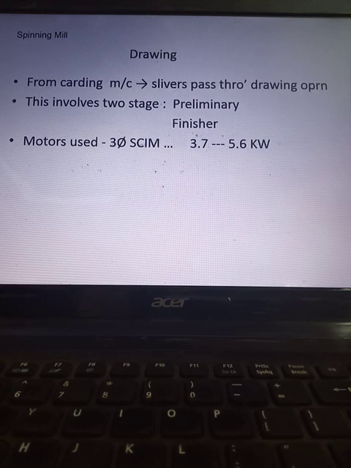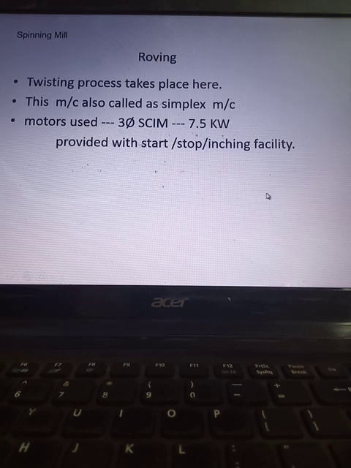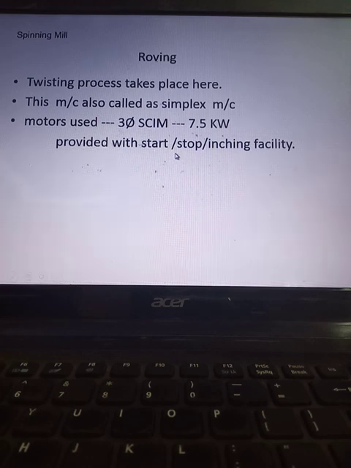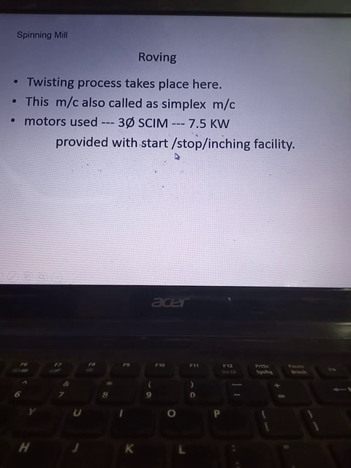You can form a picture that the motor, whatever we use, has to be a smooth motor. That means it should give us smooth start, smooth stop, because the material we are handling is fragile cotton. It should be handled with a lot of care, otherwise it gets cut. The motor should give you that type of performance.